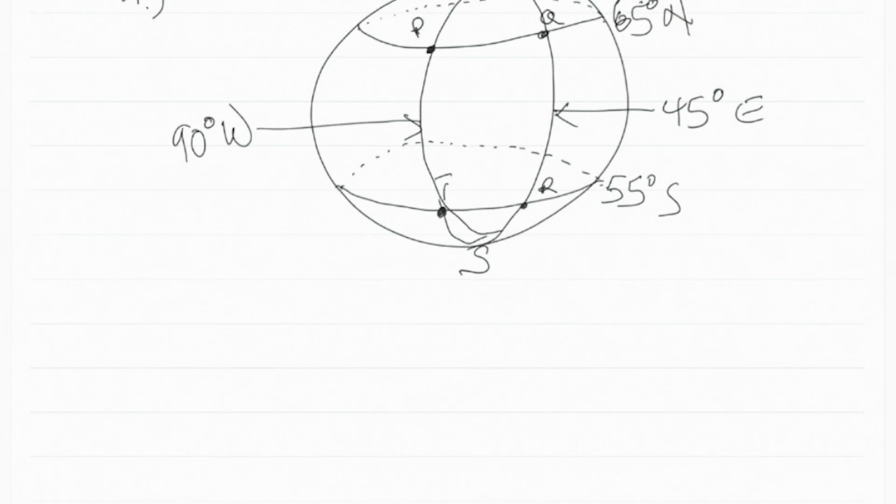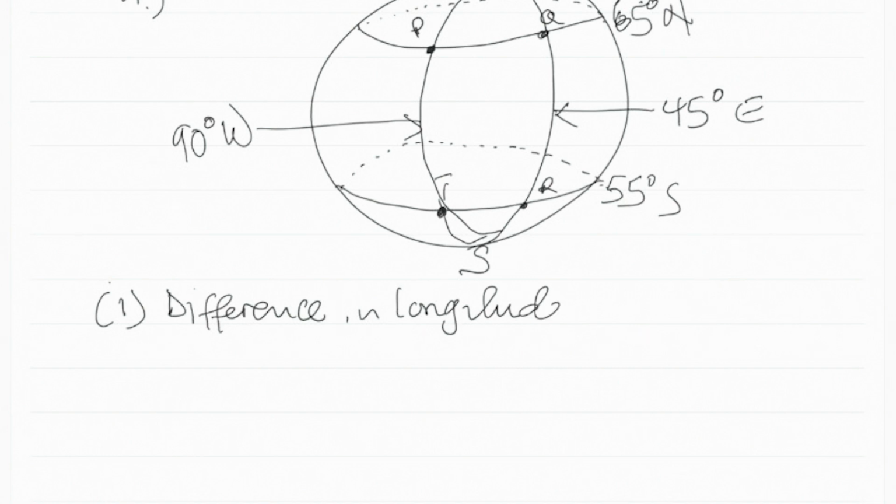R. The difference in longitude between T and R. When you see the longitudes T and R, are they on the same side or on opposite sides? So if we are to answer part 1 of this question, the difference in longitudes T and R will be simply to add 90 degrees plus 45 degrees.